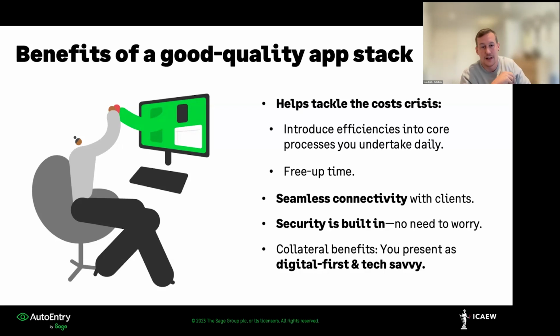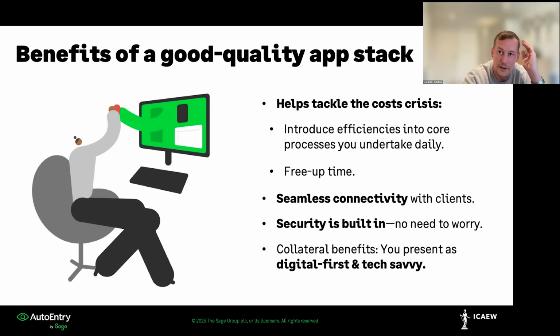And I guess the last collateral benefit that I want to mention is presenting yourself as a digital-first business. And I think that's important when we're thinking about the generations that are moving into the world of work now. I heard an interesting talk at Accountex last week, or the week before, about the different generations in the workplace now.